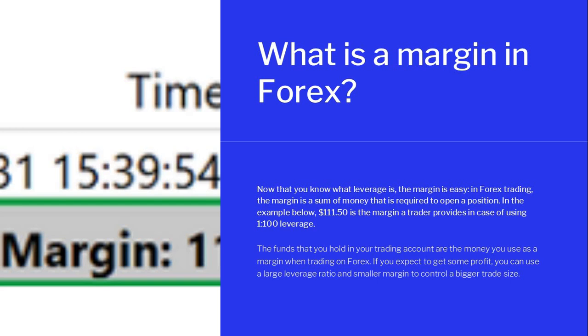In the example you have seen here, $111.50 is the margin a trader provides in case of using the 1 to 100 leverage. It is very important that you understand that.